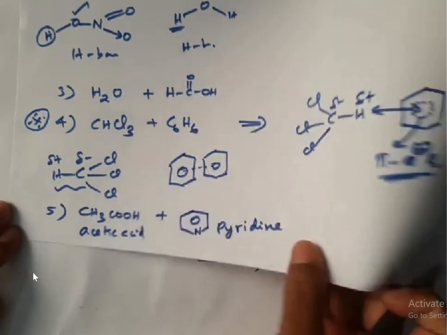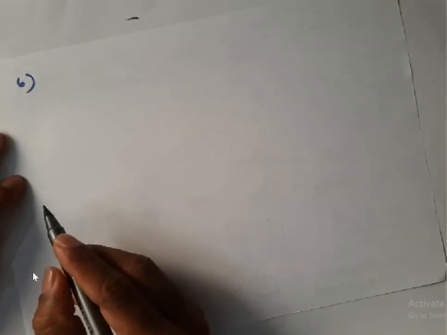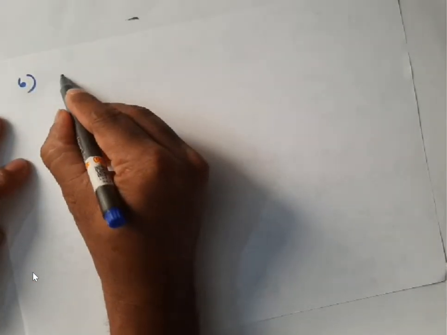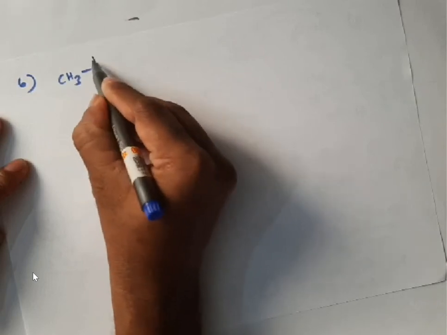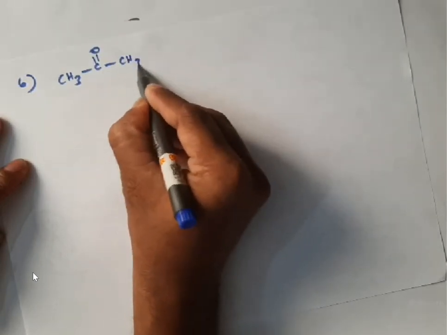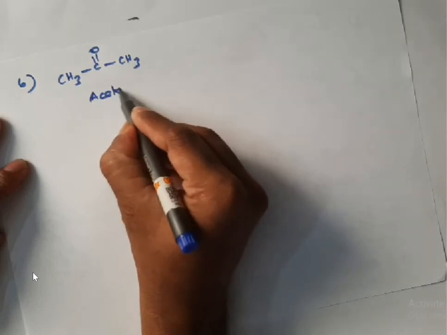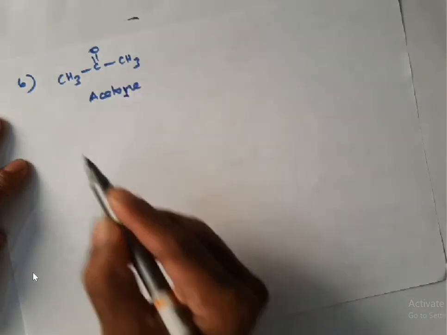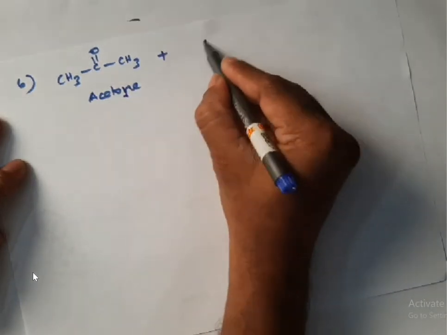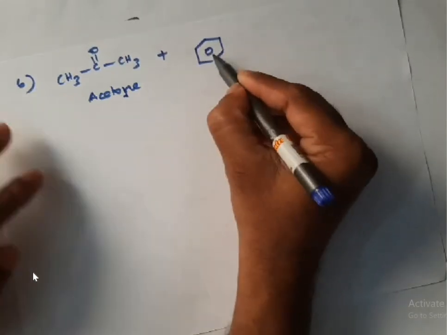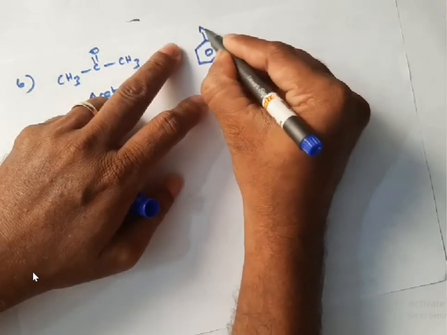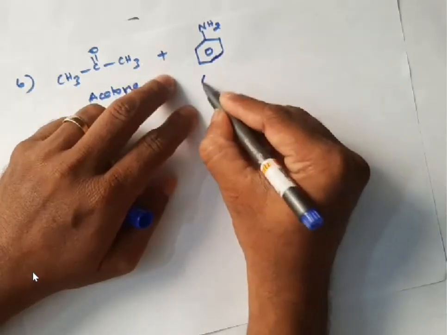I'll give a few more examples. Then example number 6, acetone, CH3 CO CH3. This compound is called acetone or propanone. Acetone plus aniline. This compound is called aniline. Benzene, to this you attach an NH2 group. This compound is called aniline.